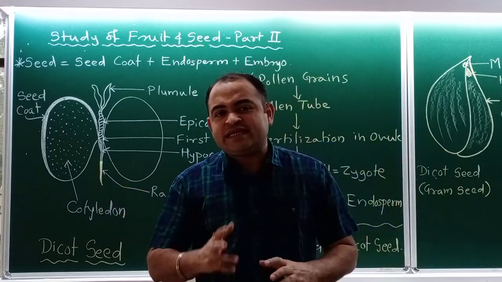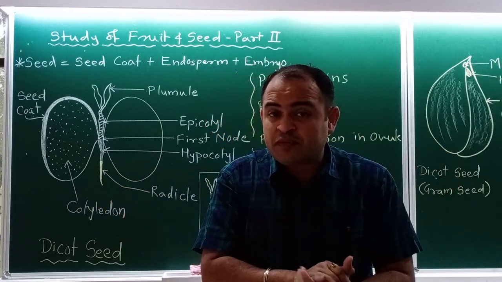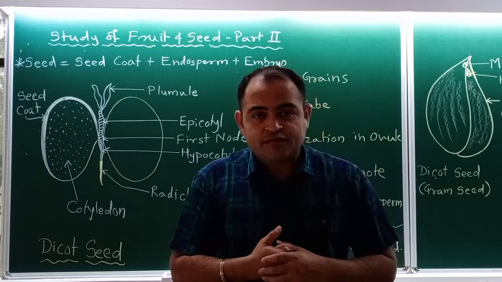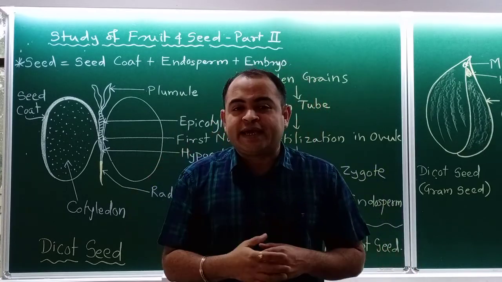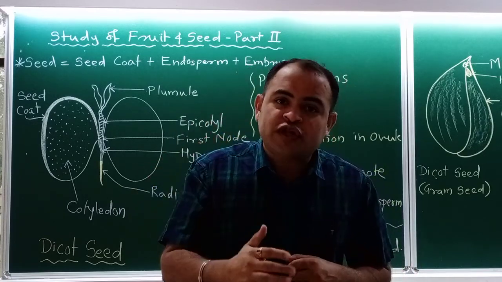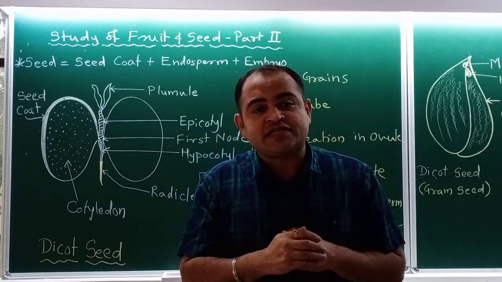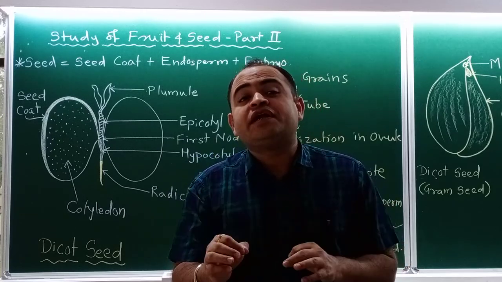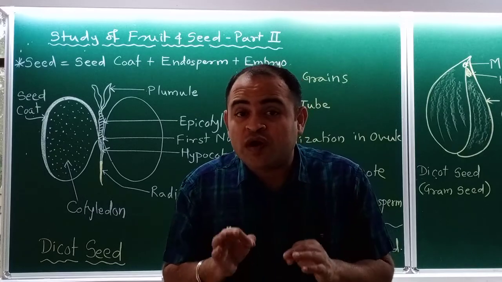Unless the seed gets favorable conditions, it will not germinate. There are several chemical reactions and several hormonal actions taking place in regular seed life. Yes, I am using the word seed life.